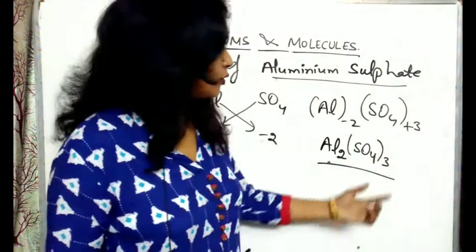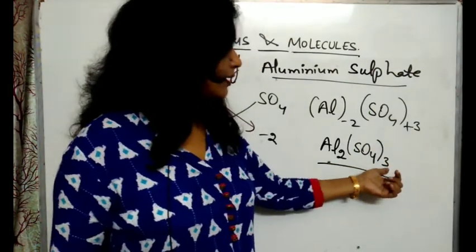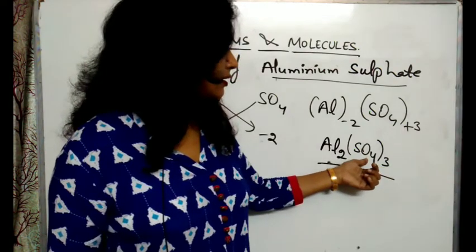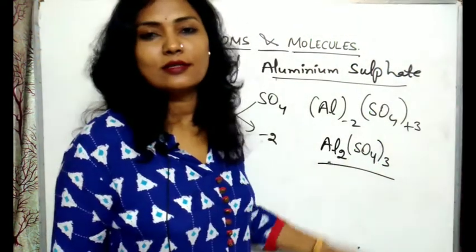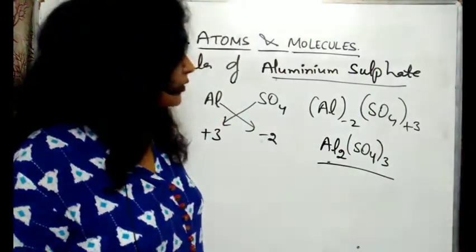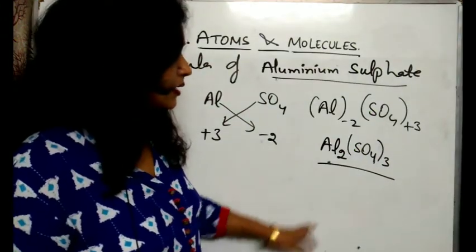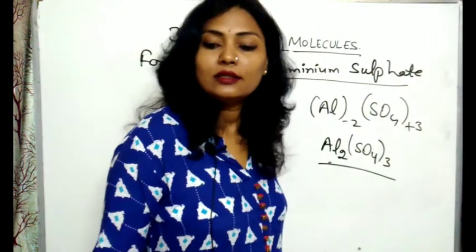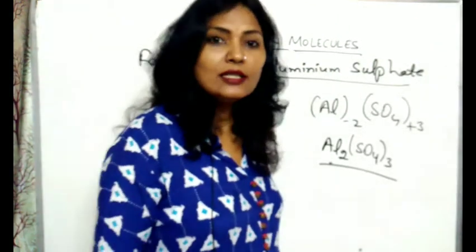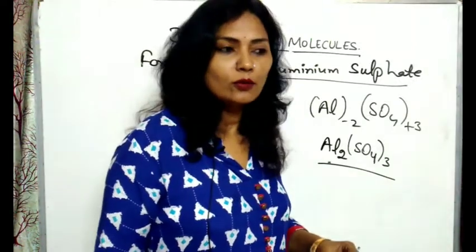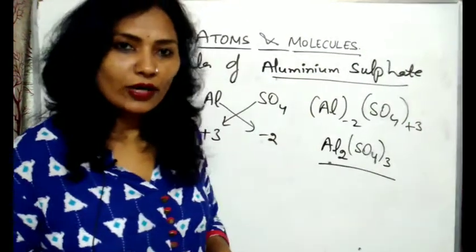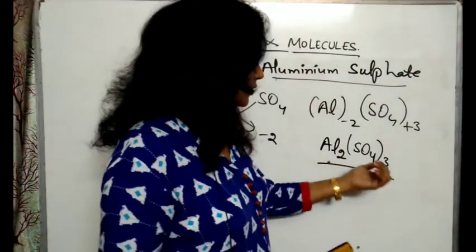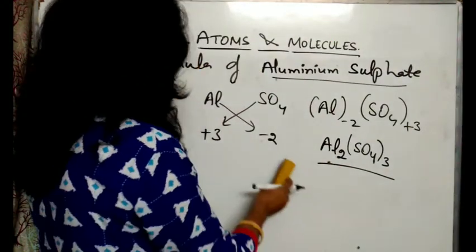Sulfur atom is 1, oxygen contains 4, and 3 fours are 12. So 12 atoms are here for the oxygen. Got it? In the second chapter, molecular mass you can find out, and in that you will remember this also. So you can write these numbers of atoms according to that.